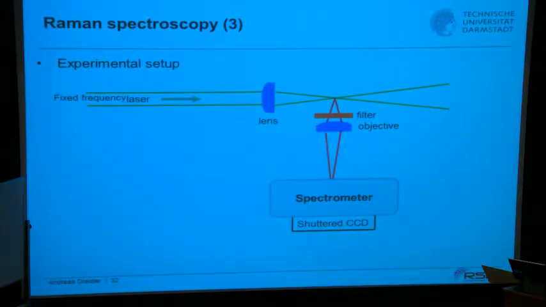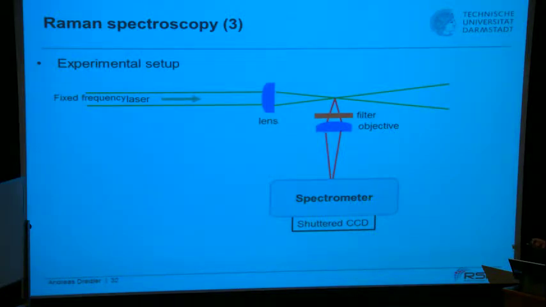Of course, if you do that now, the experimental setup shown here is a bit different to a laser-induced fluorescence. First of all, you can use a fixed frequency laser. You do not have to tune for the resonance. You just take what you have, let's say a Nd:YAG laser, which cannot be easily tuned. And then you have again the possibility from a certain probe volume to measure the Raman scattering perpendicularly with a detector, maybe a CCD camera.